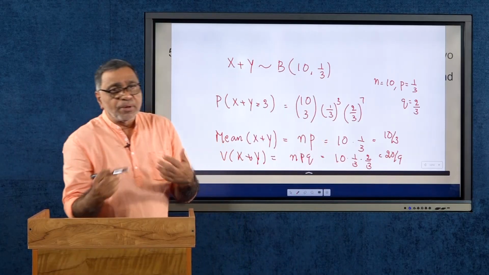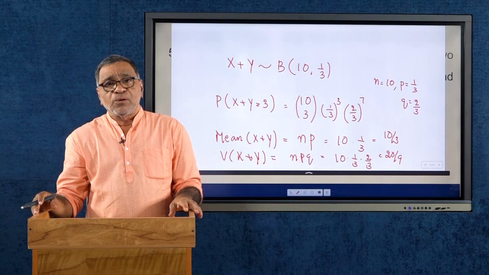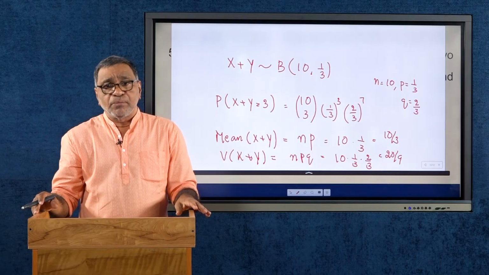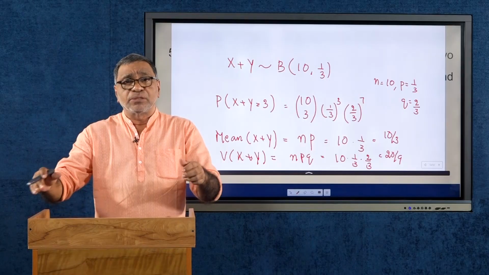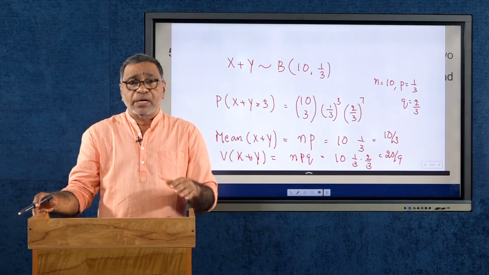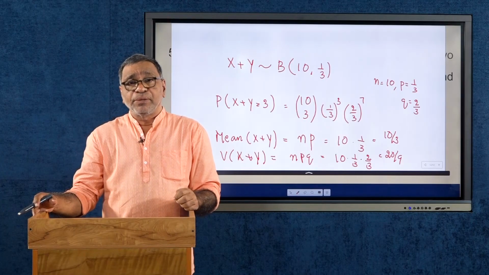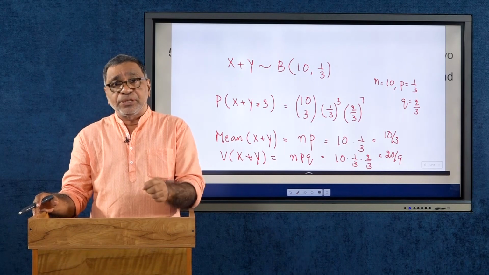So this is a problem we answered by applying the additive property of the binomial distribution. Like this, we can find any quantities if you are given that x and y are two independent binomial random variables with the parameters n1, p and n2, p respectively.